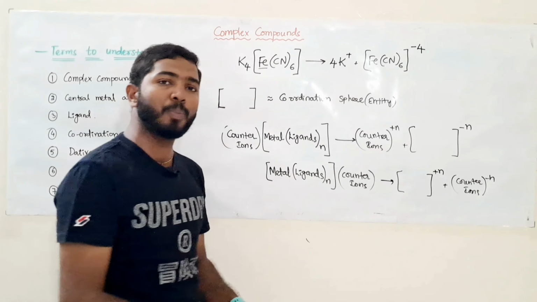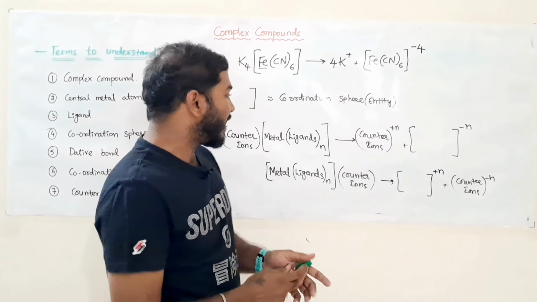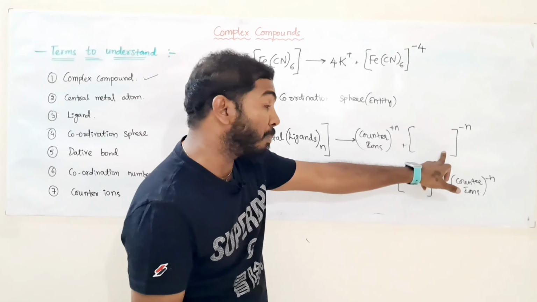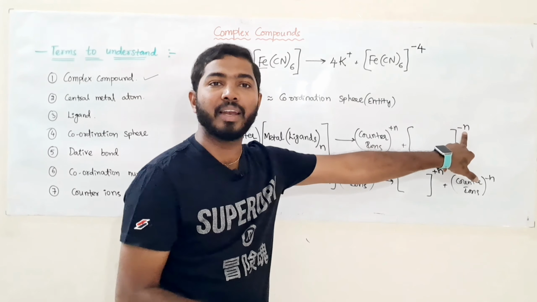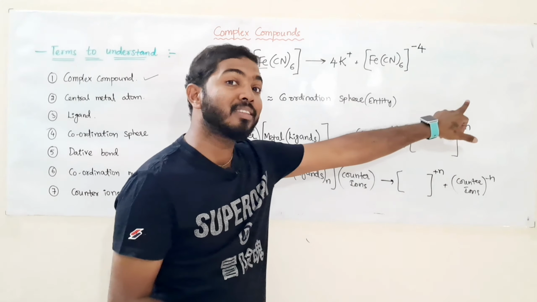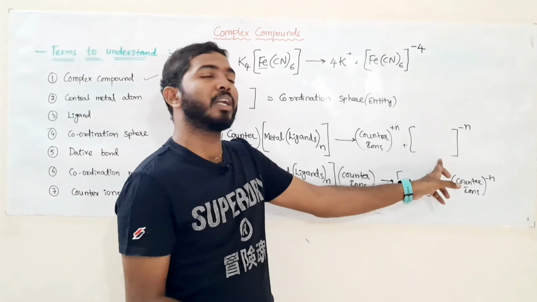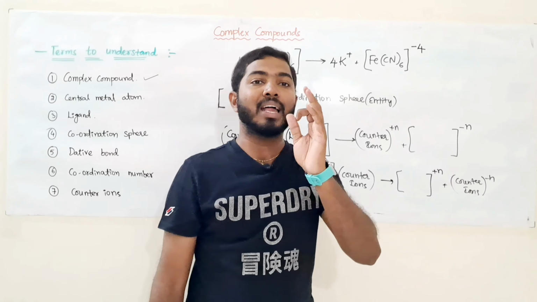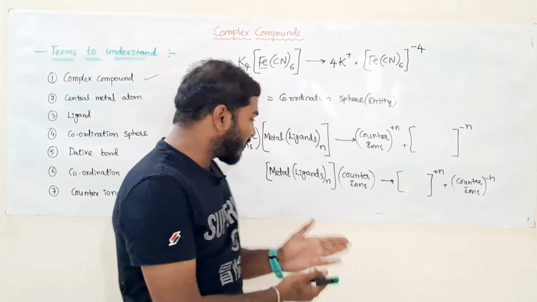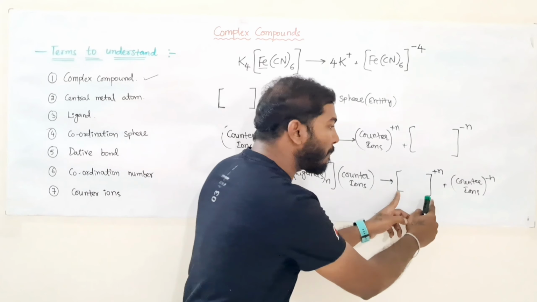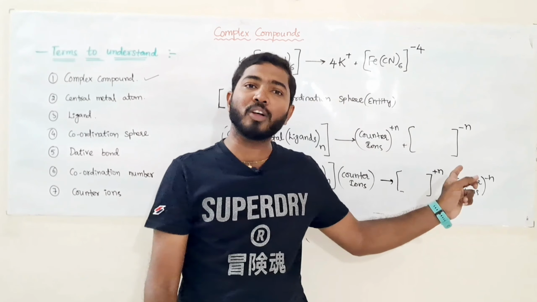Very important. I hope you understood. So in the first representation, the complex sphere gets the negative charge, and since it gets the negative charge, this type of complex is called a negative complex. In the second representation, our complex part has a positive charge.